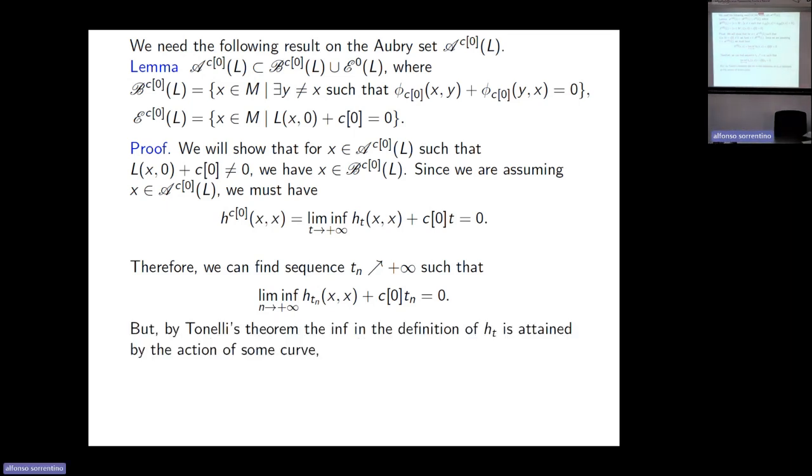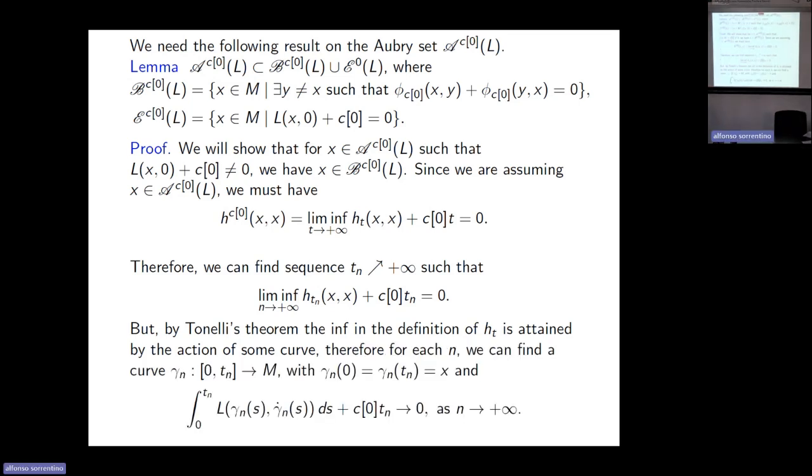But by Tonelli's theorem, each of these h_tn(x, x) is the action of some curve joining x to x in time tn. So I can choose such a curve gamma_n which gives me this minimal action. And therefore, I get this curve gamma_n from [0, tn] to M with gamma_n(0) = gamma_n(tn) = x, and the action of L modified by c0 goes to 0 as n goes to infinity.